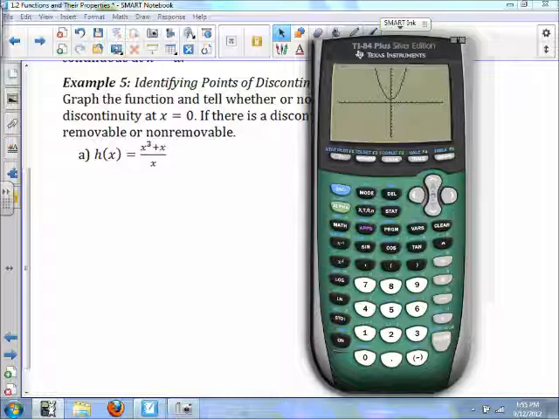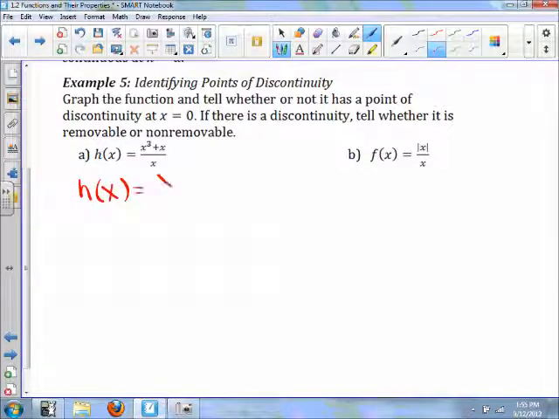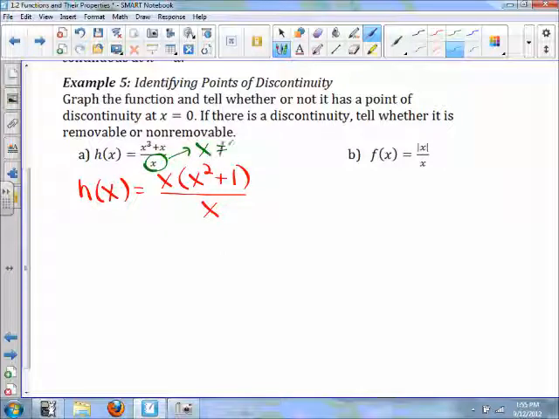Really there. Can you tell if there's a discontinuity? Probably not. The easiest way to do this, let's see if we can factor this out. So we can say h of x, I can take out an x on top, we have x times x squared plus 1 over x. We know from our original function, x cannot equal 0 because you cannot divide by 0.